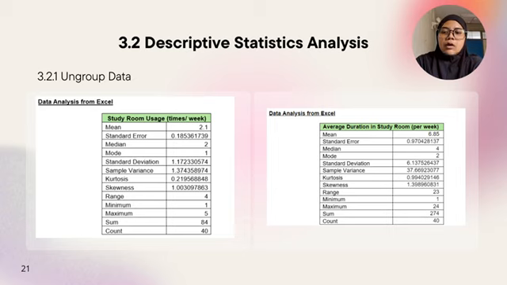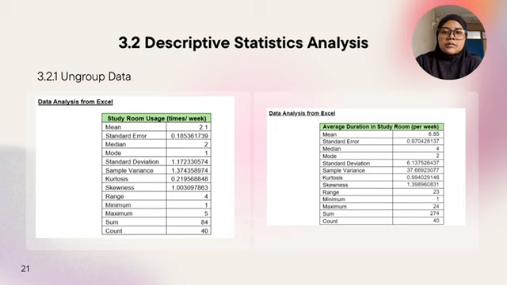The median is 4 hours, while the mode is 2 hours, which means most students spend a relatively shorter duration. The standard deviation is 6.14, indicating a wide spread in the duration of study room usage among students.